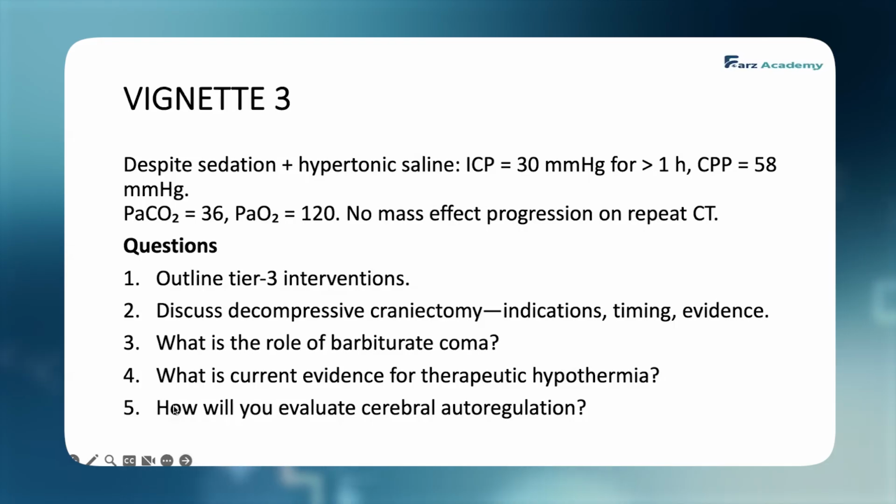In tier 2 there are also MAP augmentation strategies, like vasopressors to maintain an adequate MAP and cerebral perfusion pressure. And the PCO2 goal is 32 to 35 in tier 2.